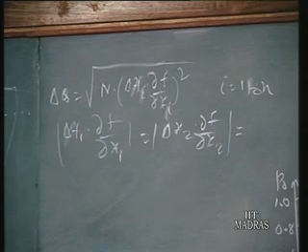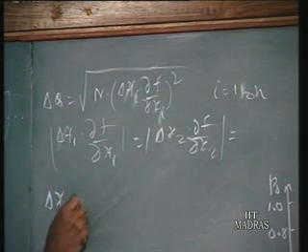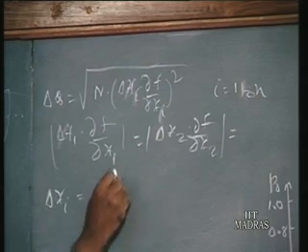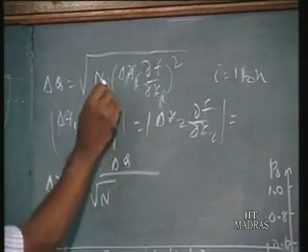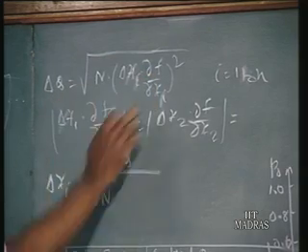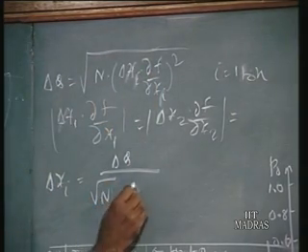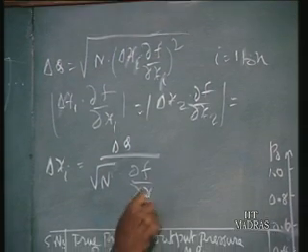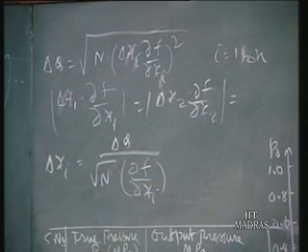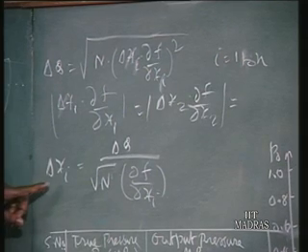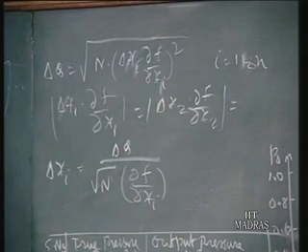So delta xi is equal to delta q divided by root n, times dou f by dou xi. This root n comes because the squares are under the square root, with the same value. This gives the formula for selecting instruments for obtaining a particular error in the computed value.